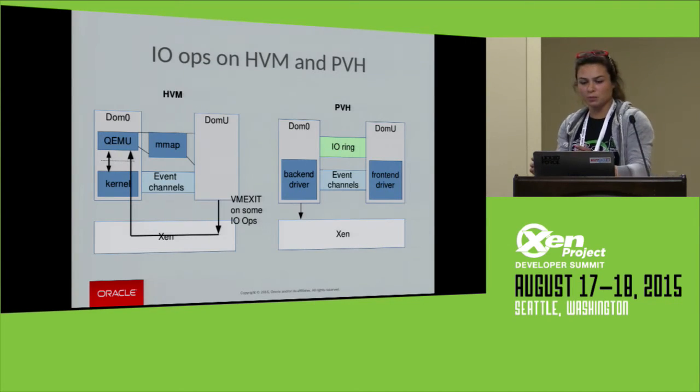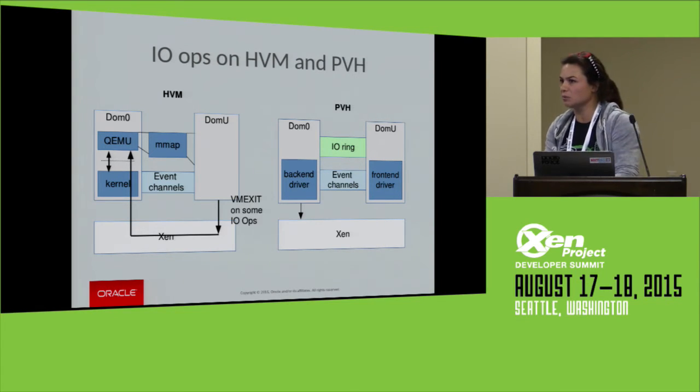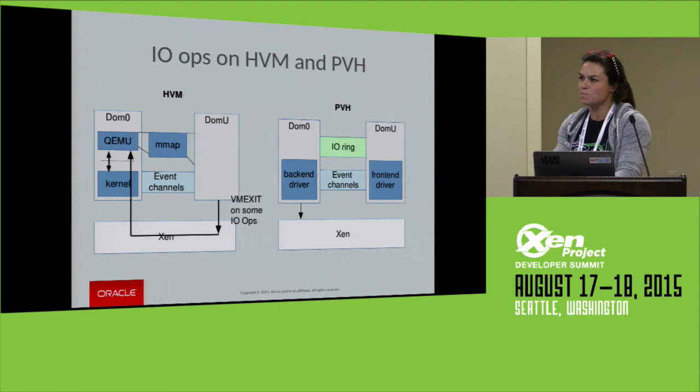So now let's take a look at the I/O path for HVM and PVH. In this slide, you're going to see that QEMU runs in Dom0 user space, which requires a context switch between the kernel and QEMU. So when the guest domain issues an I/O request, the VM exit happens and bounces to the Xen hypervisor.